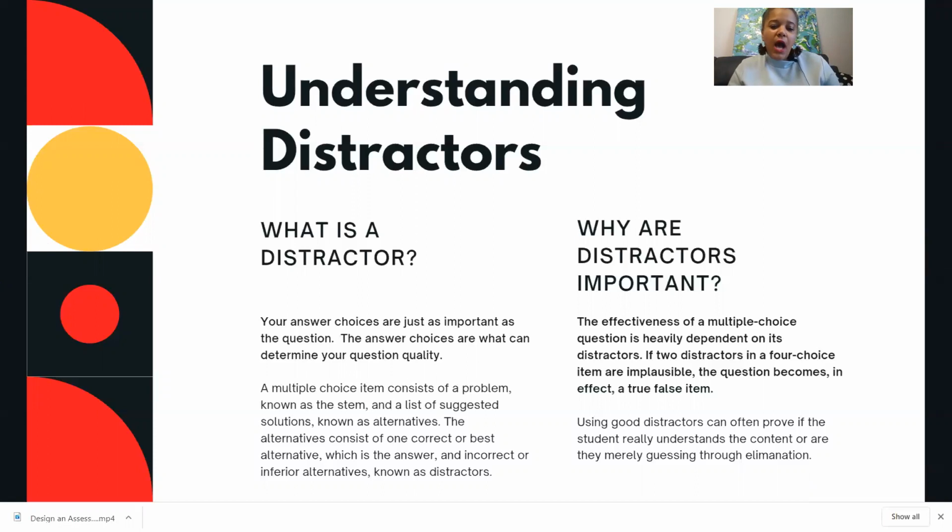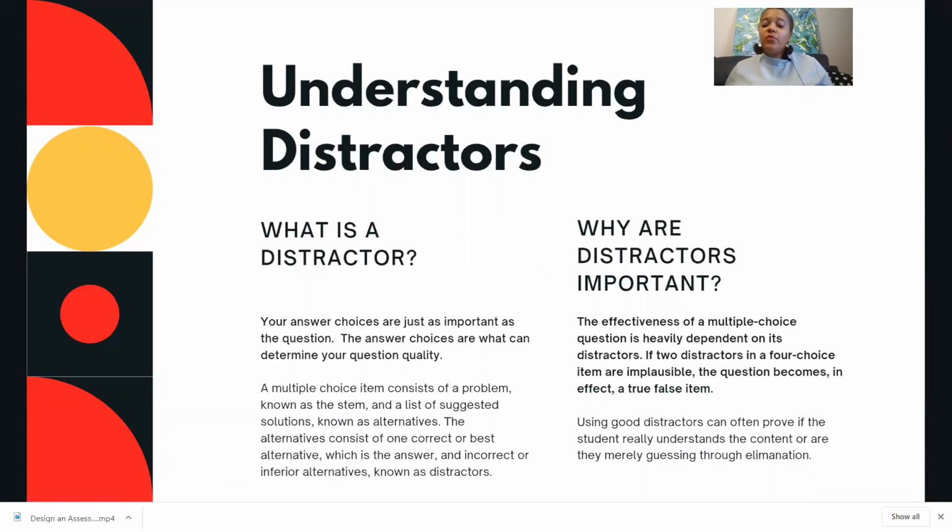A multiple choice item should consist of a problem known as the stem, and a list of suggested solutions known as alternatives. The alternatives consist of one correct or one best choice, and the others are incorrect. Those are also known as distractors, which means they could make sense.